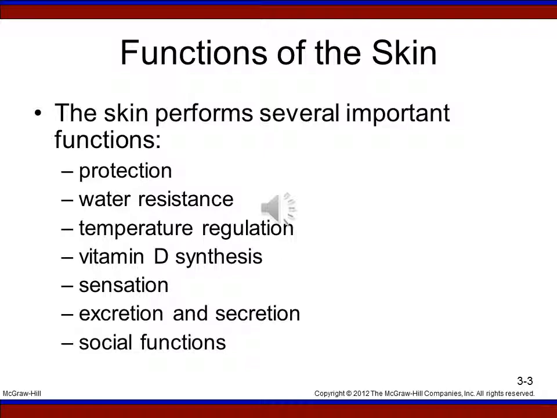Water and small amounts of waste products from cell metabolism are lost through the skin by excretion and by secretion from the sweat glands. And the final function that the skin performs is social functions. Yes, even social functions. The skin reflects emotions. Think of a person blushing when self-conscious, or going pale when frightened, and then wrinkling when a person dislikes something.